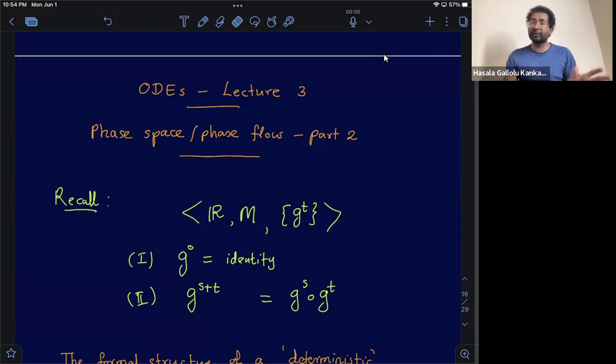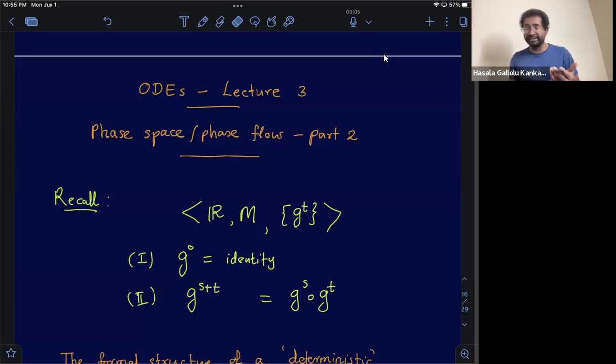First of all, let's recall what we did up to this point, briefly, at least the terminology, the setup. If you recall, we started talking about dynamical systems. A dynamical system has a collection of things. First of all, you need to have what we have the change over.